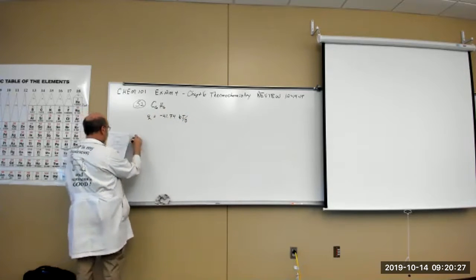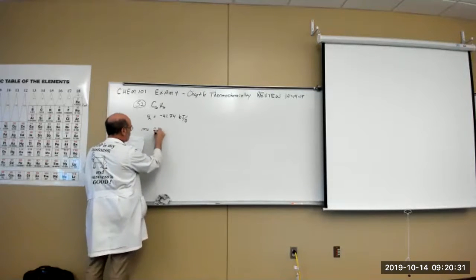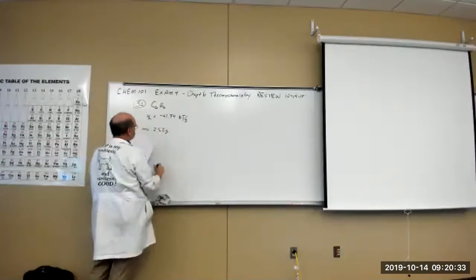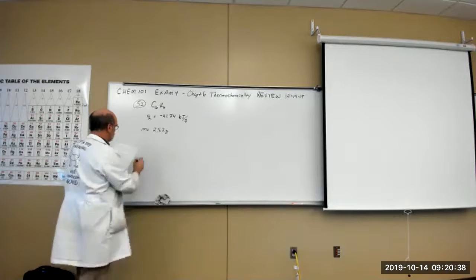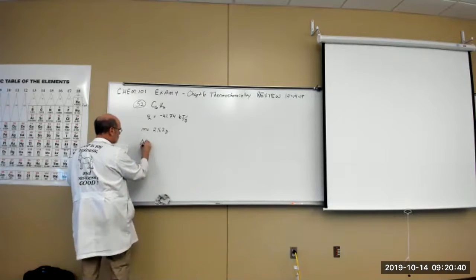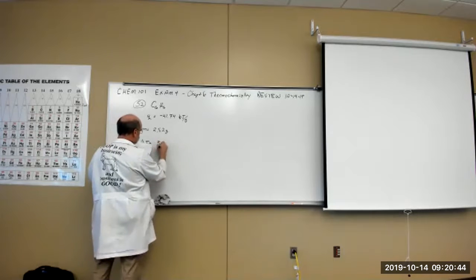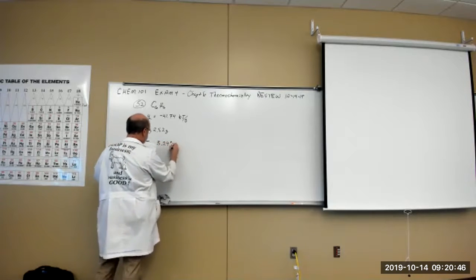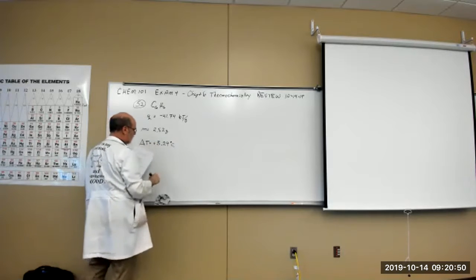And for this particular experiment, we're going to have a mass of 2.82 grams of benzene. We're given the change in temperature, so we don't have to do before and after. Change in temperature is 3.29 degrees centigrade, and that's an increase. The temperature's going up.